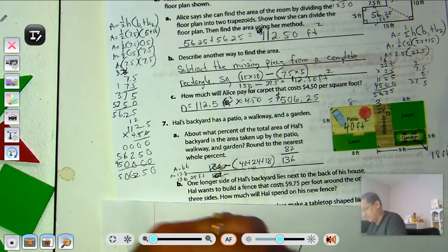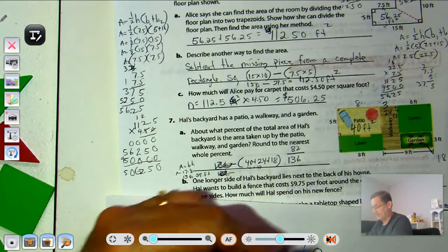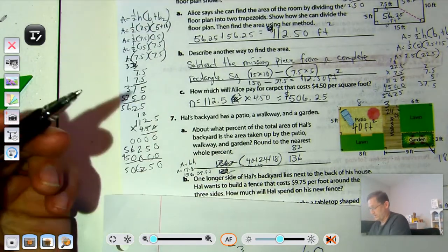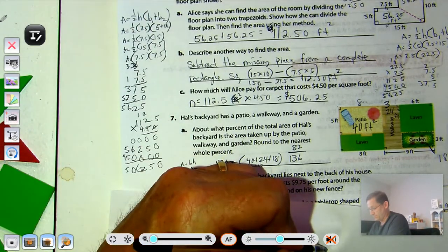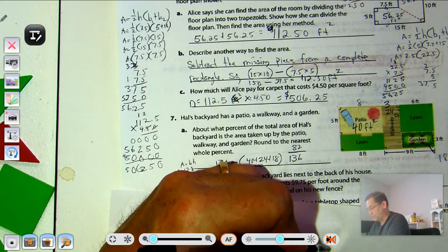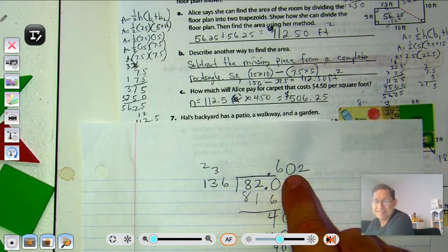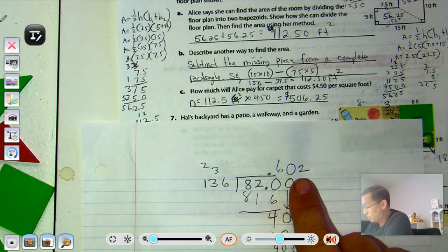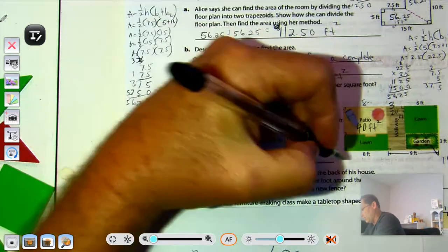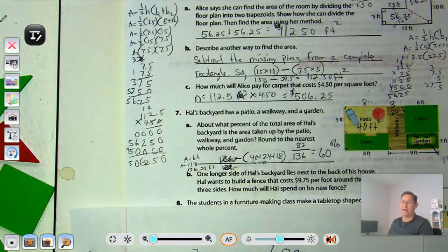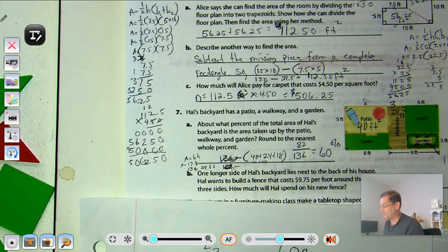Subtract, we get 4. Let's bring down another 0. Well, I can't take any from that. So subtract, and that would be only about 2. So we know that if we multiply this by 100, it would be 60.2. And it said round to the nearest 1%. So 60% of the backyard is taken up by the patio, the walkway, and the garden.